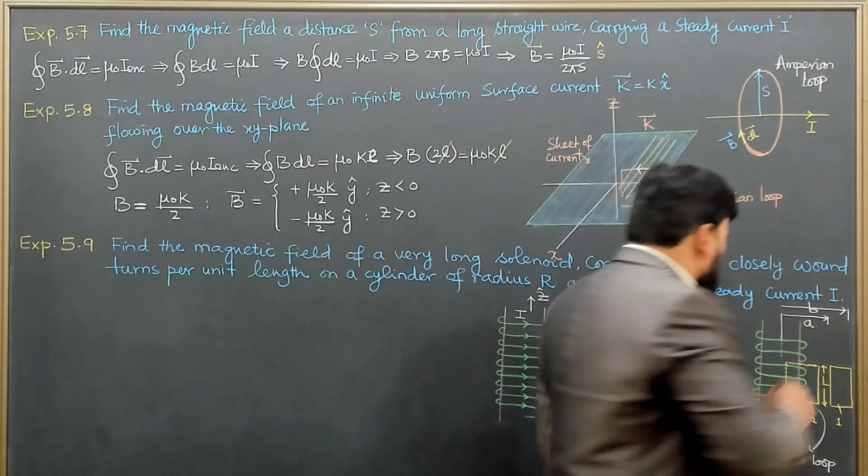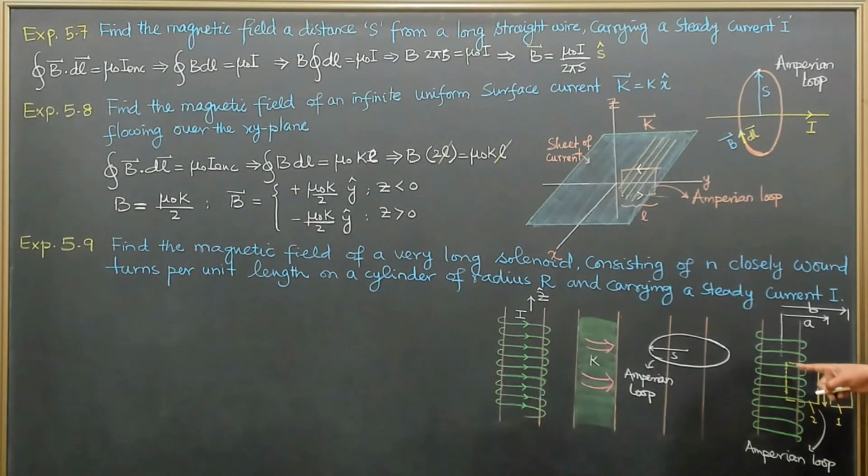And then outside, even if we consider a square Ampèrian loop, with one side at a distance a from the axis and the other side at a distance b from the axis, this loop is also not enclosing any current, and that's why the magnetic field is 0.